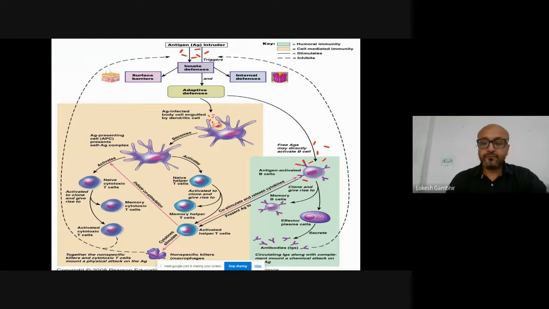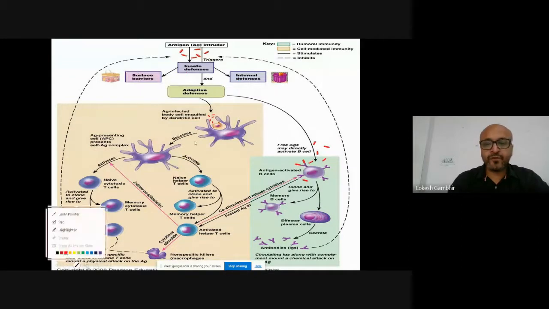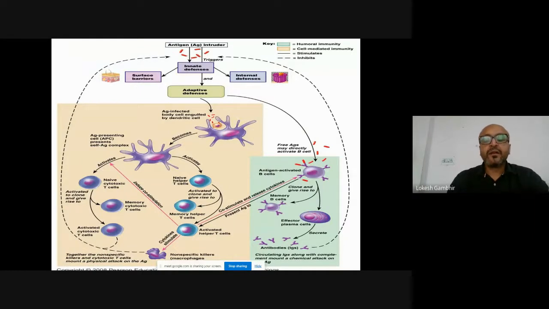Now, we can go ahead with multiple scenarios in this particular section. This is again a summary chart for you of what we have read till now. We have an antigen. It can enter and initiate the response. So first of all, your innate immune response will be activated, the surface barriers will be activated, all the defense mechanisms. Once it has entered inside the body, then your adaptive immune response is activated.